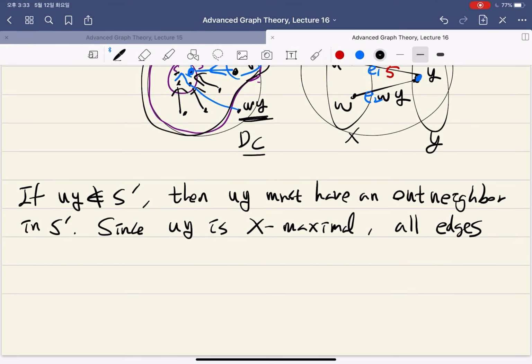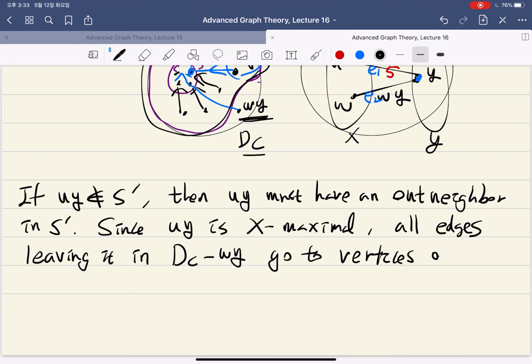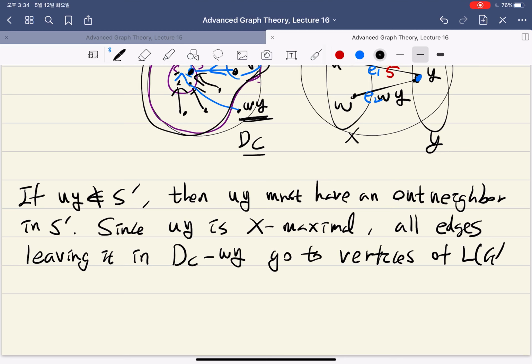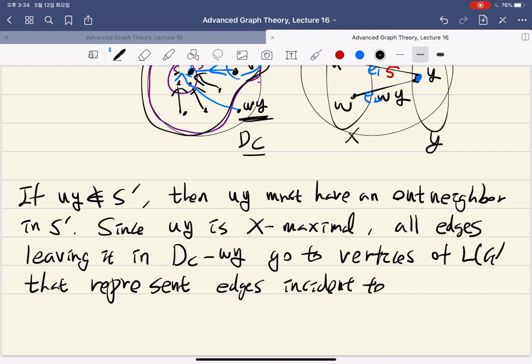So all edges leaving it in DC minus wy go to vertices of the line graph of G prime. So this represents edges incident to y in G prime.